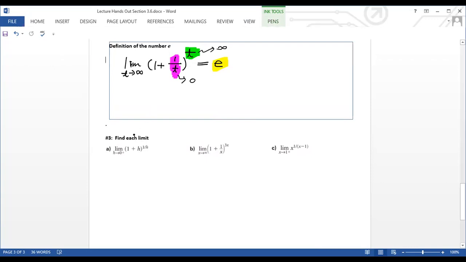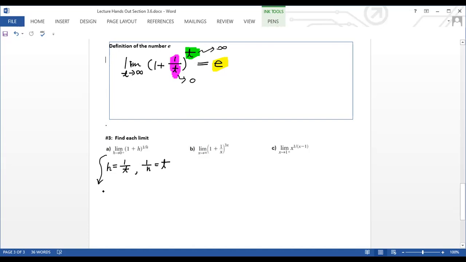But in here, they said h approaches 0. So now, if I set h equal to 1 over t, let's see if we can change this one to some form we recognize. If h equals 1 over t, what is 1 over h going to equal? 1 over h is going to equal t, right?